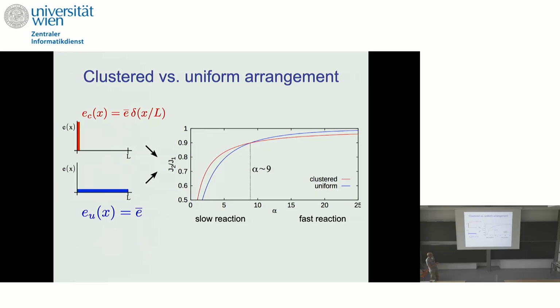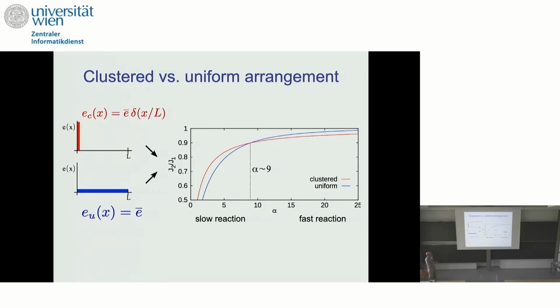And the first thing you can do is to just put all the enzymes that you have at the source of the intermediate, which is at the left edge. So I choose for E a delta function, and then I get an output flux relative to the input flux. That's the red curve here.